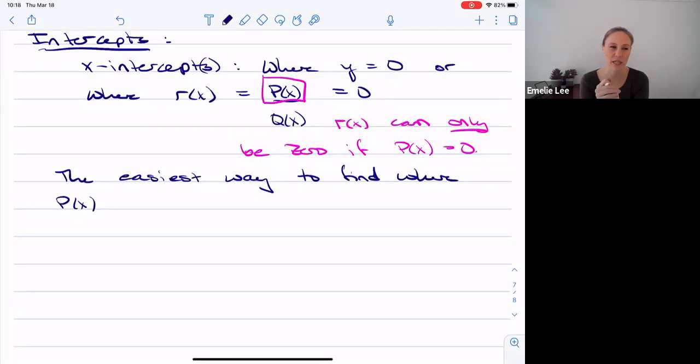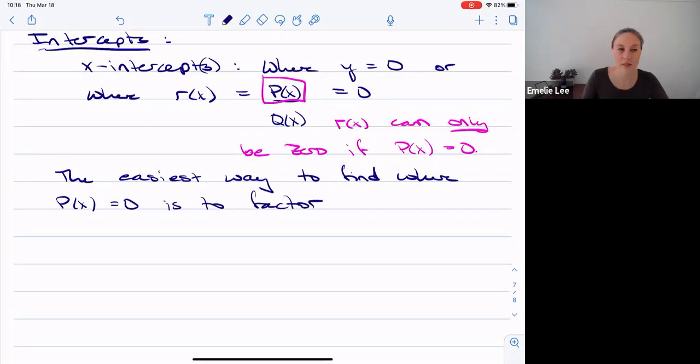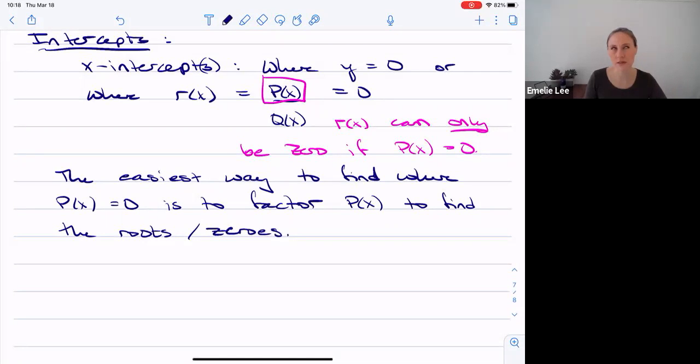We've worked a lot with quadratics, so we're sticking to those. The easiest way to find where P of X equals 0 is to factor P of X to find the roots, which we can also call the zeros.